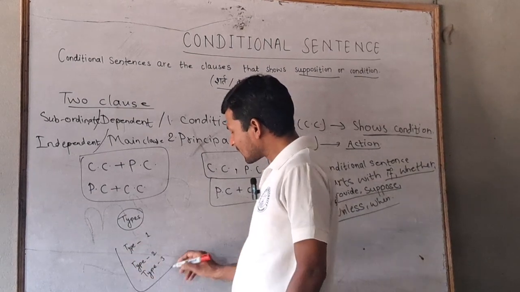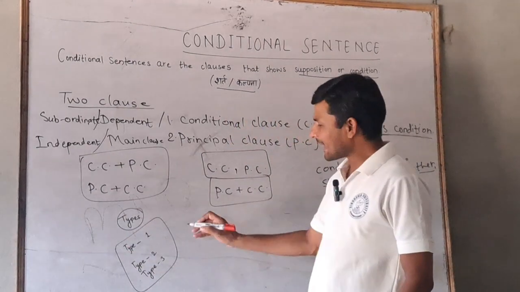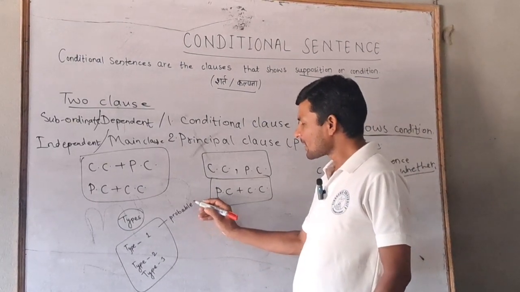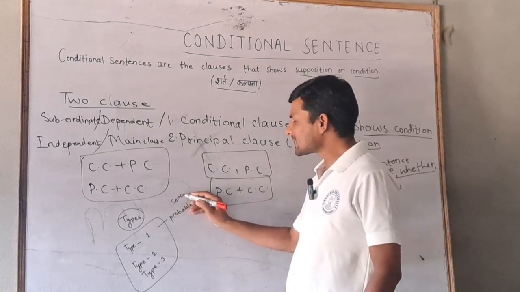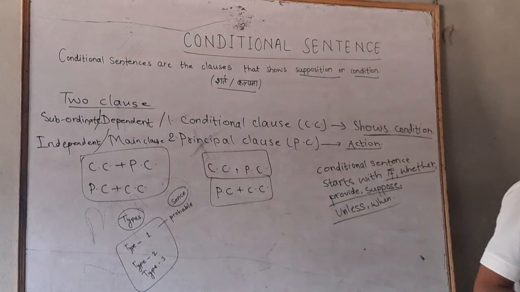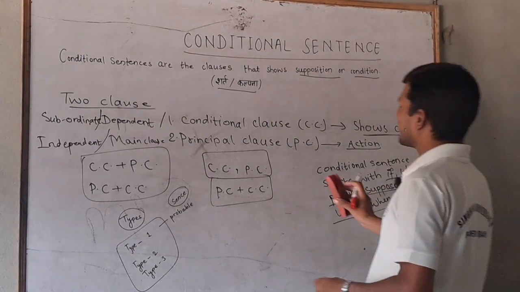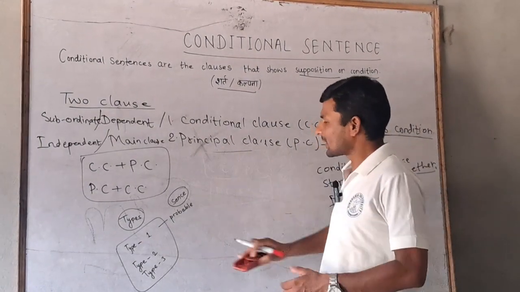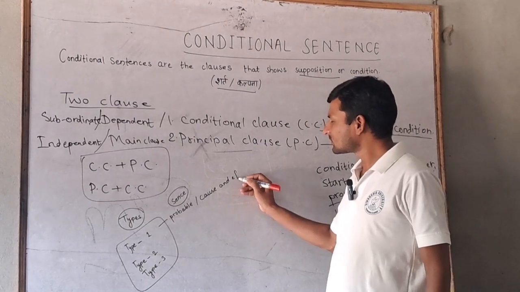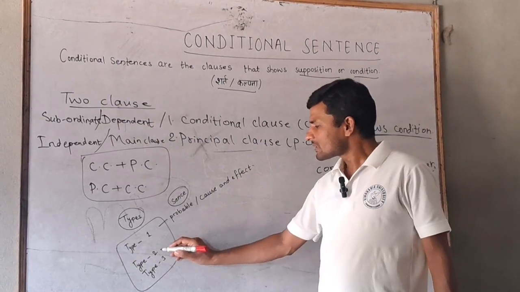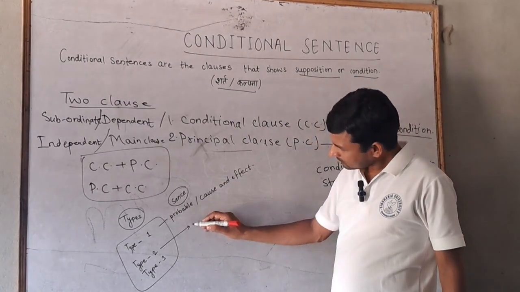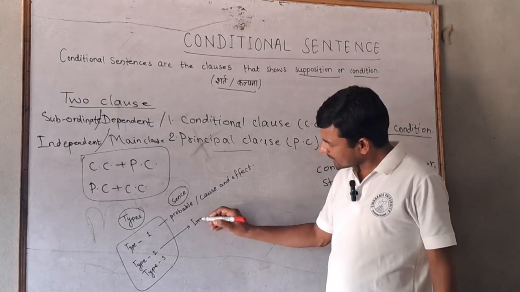Type 1 has probable condition, or you can say cause and effect. The second type gives the sense of improbable condition.